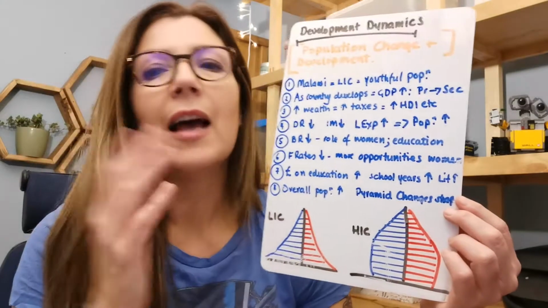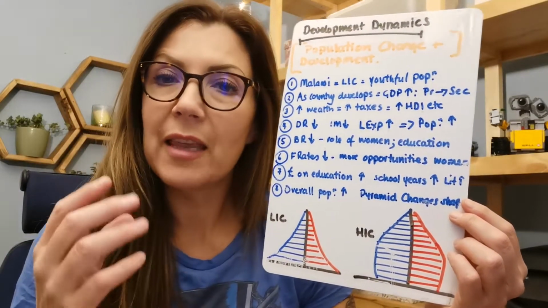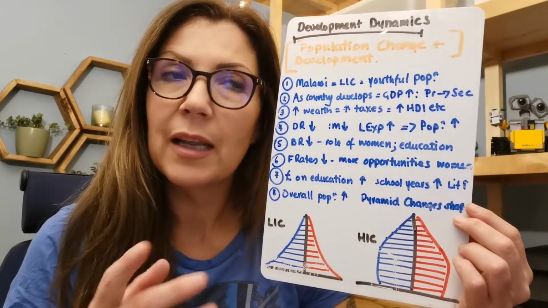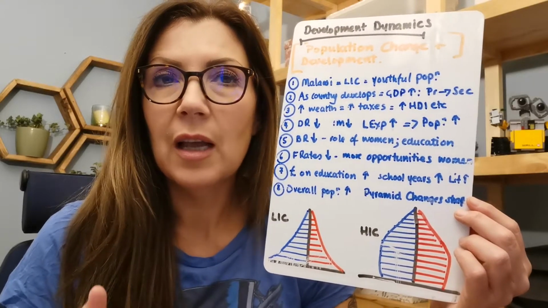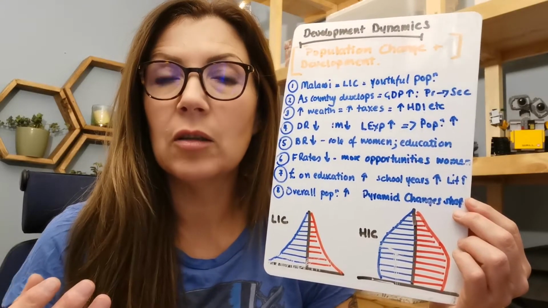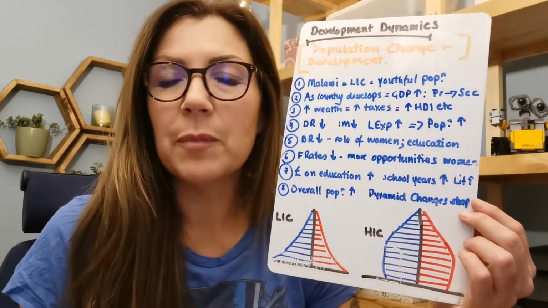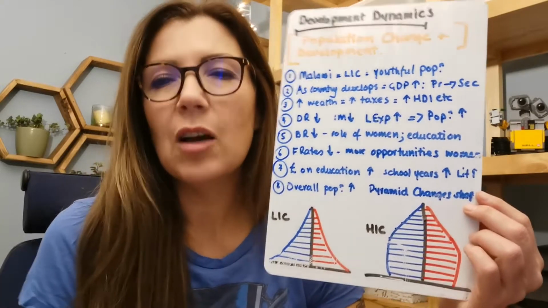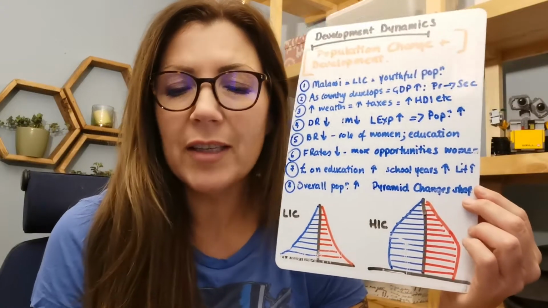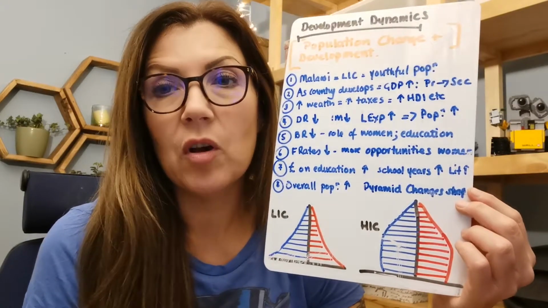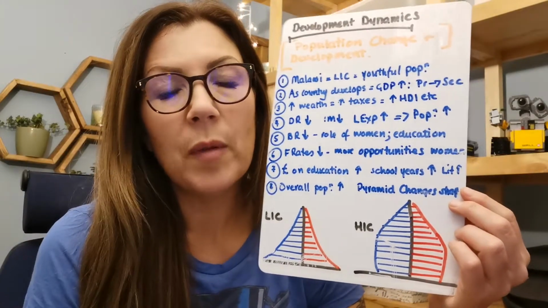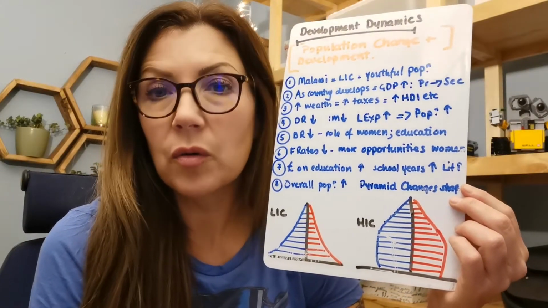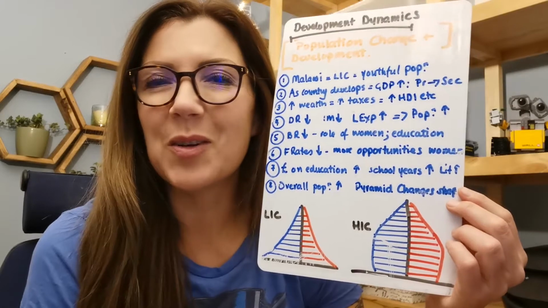What happens after that, a little bit more slowly, is that the birth rate begins to fall. The birth rate doesn't begin to fall for a little while because, from a cultural point of view, in that country it is still culturally acceptable to have more children. So it takes a little while for the birth rate to decline. But over time, as women become more educated, because more money has also been spent on education, girls start to go to school more.